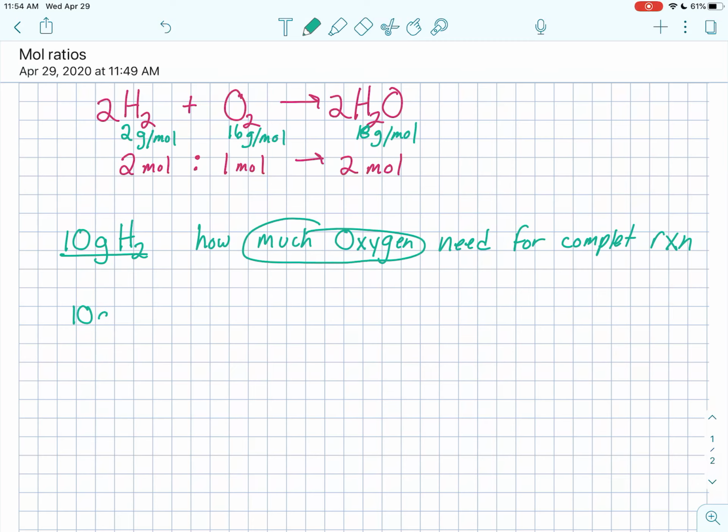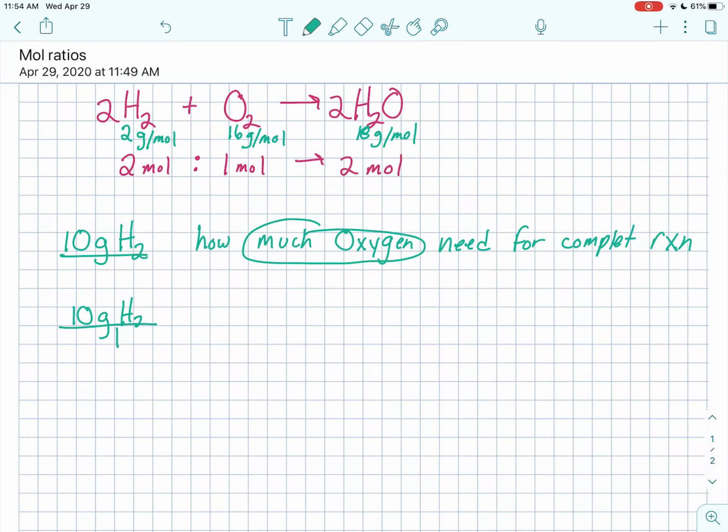So my hydrogen goes over 1, because that's my given. And we are going to use our symbols here. This is very important. I said in our last video how important it was that you put your molecular formula. And now we're going to see why.